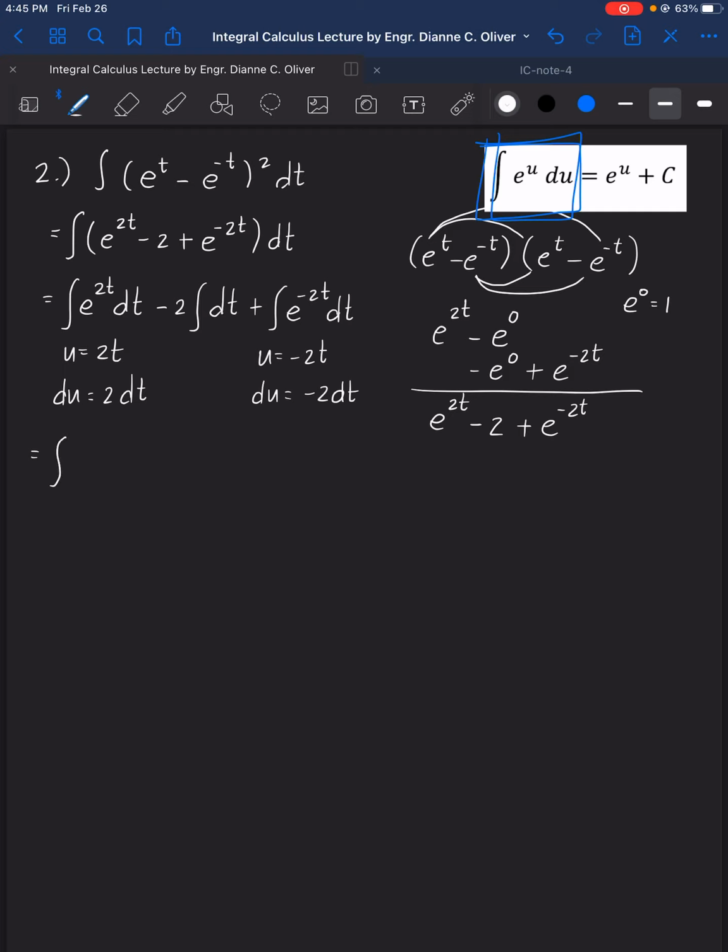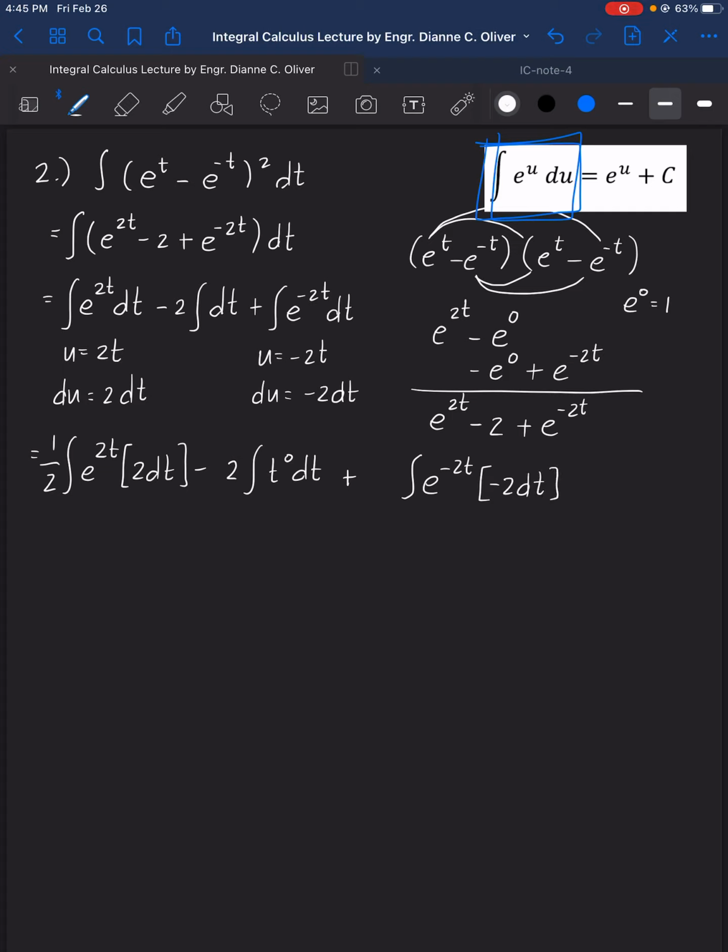So the integral of e raised to 2t times 2 dt, and to balance, let's put 1/2, minus 2 times the integral of t raised to 0 dt, plus the integral of e raised to negative 2t times negative 2 dt.